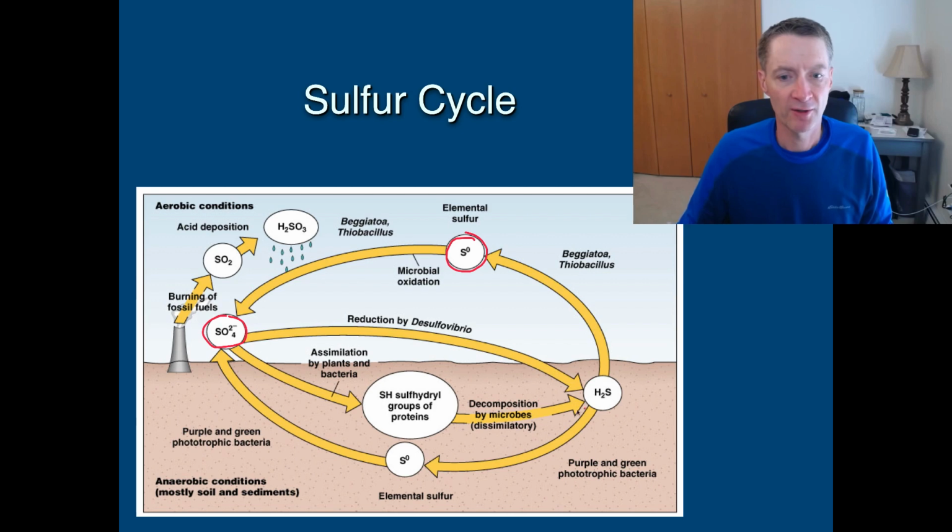And we have bacteria in the soil that are capable of going both ways, fixing that down to Earth and releasing it out into the atmosphere as well. For this cycle, I'm not going to get into as much detail, and I wouldn't worry about me asking you those details on the exam either. I'd say know that there is a sulfur cycle, but concentrate on knowing the details of the carbon and nitrogen cycle. Okay?